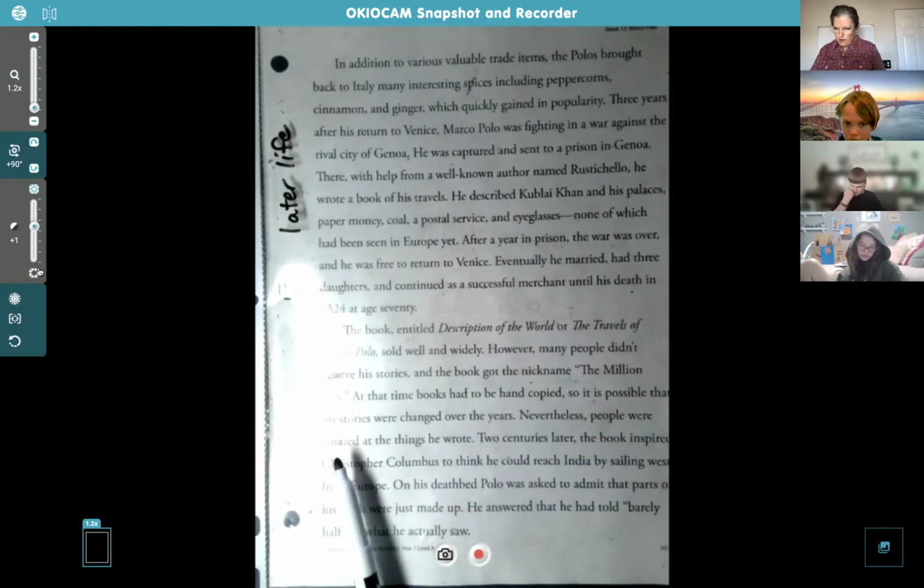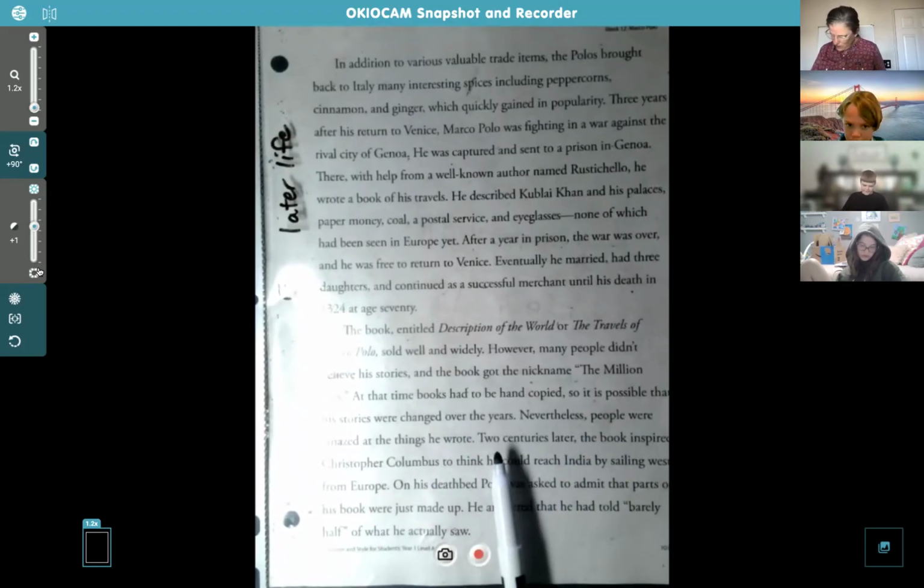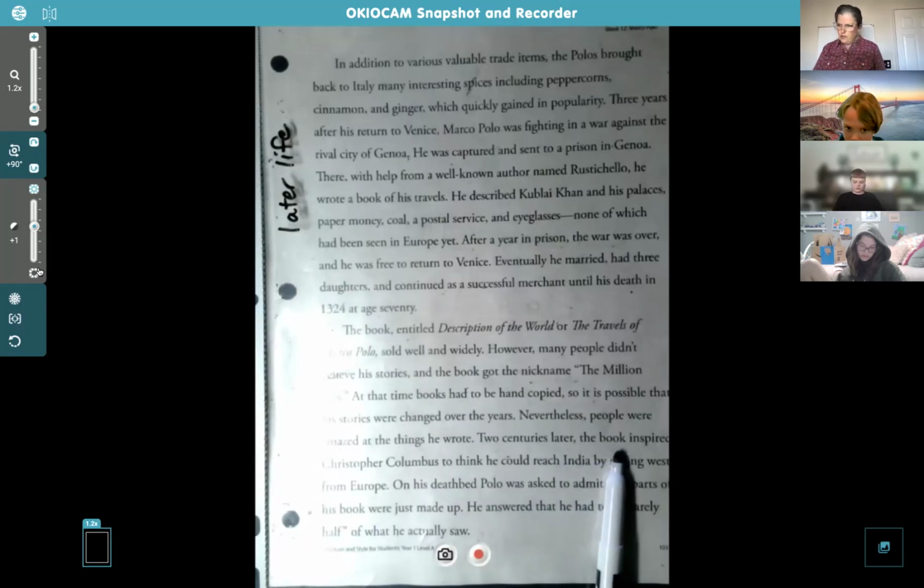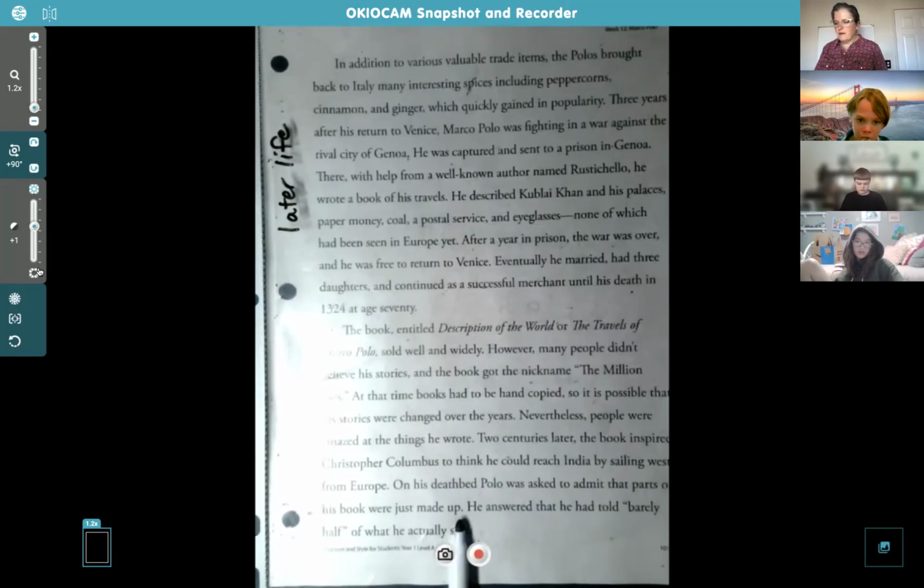Nevertheless, people were amazed at the things he wrote. Two centuries later, the book inspired Christopher Columbus to think he could reach India by sailing west from Europe. On his deathbed, Polo was asked to admit that parts of his book were just made up. He answered that he had only told, quote, barely half of what he actually saw.